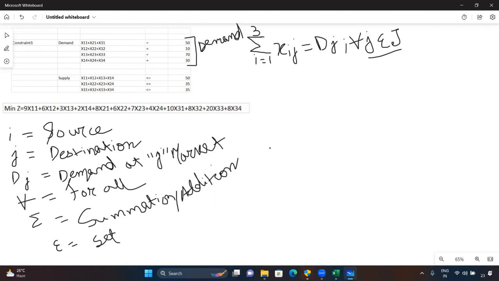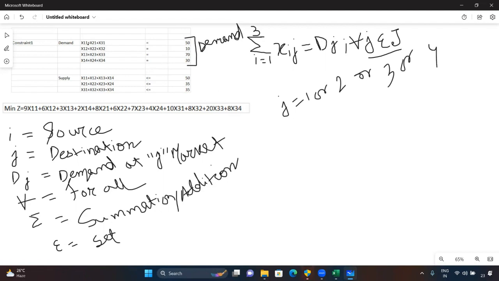Now, the value of small j is 1 or 2 or 3 or 4.